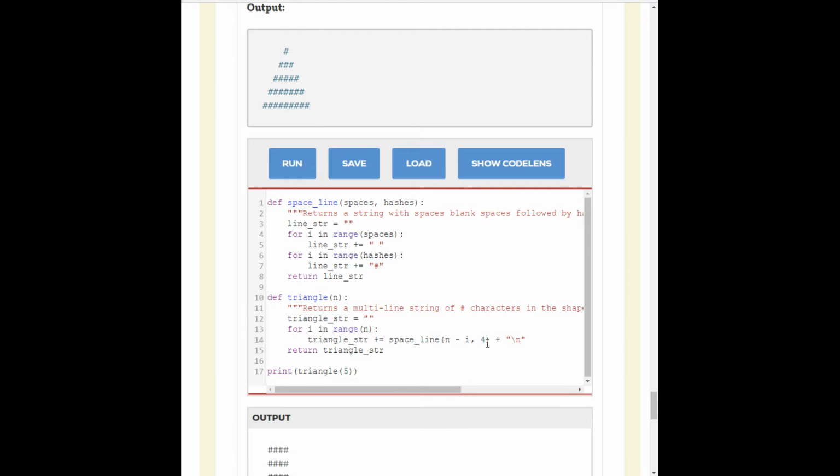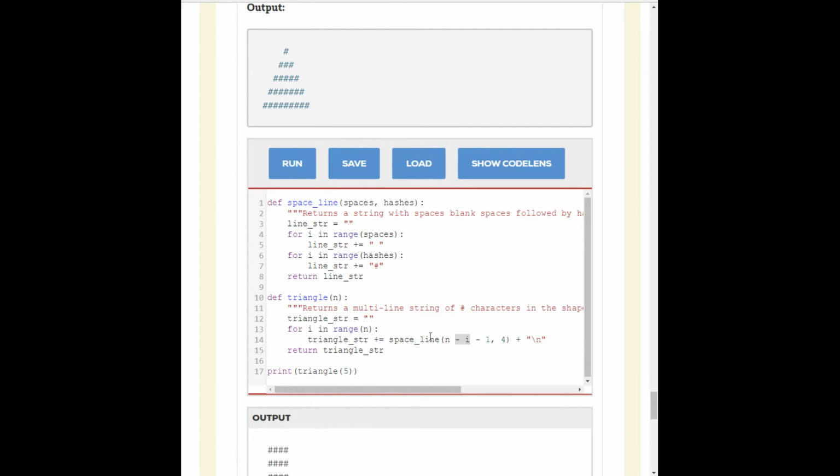It should instead be n minus i minus 1. So it's going to return 5 spaces, because that's n, minus i spaces, which in this case is 0, so still 5, minus 1, which is 4.